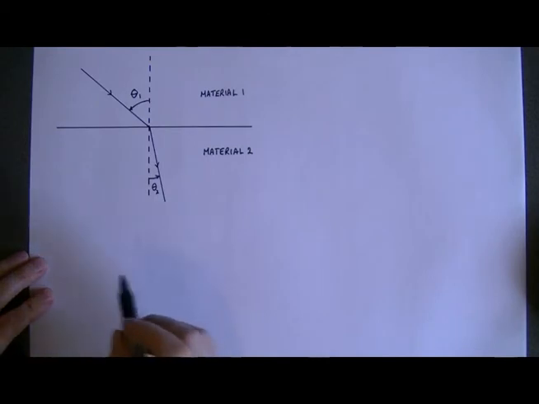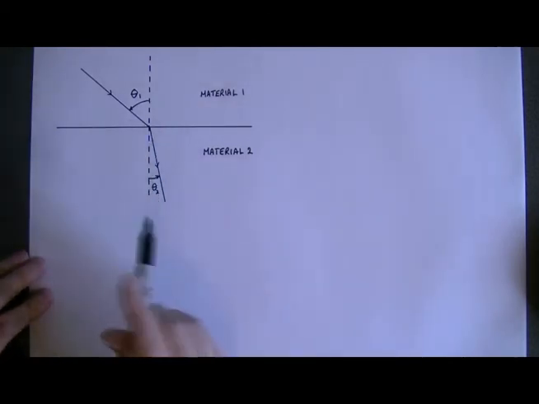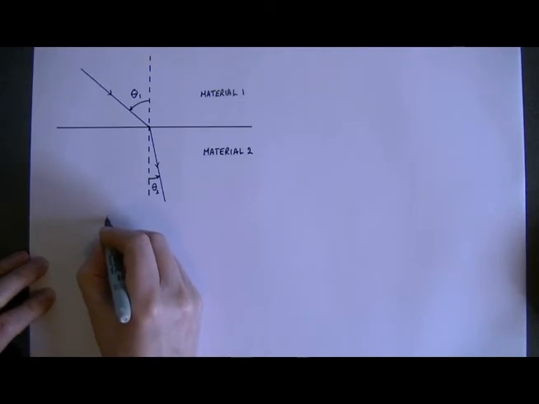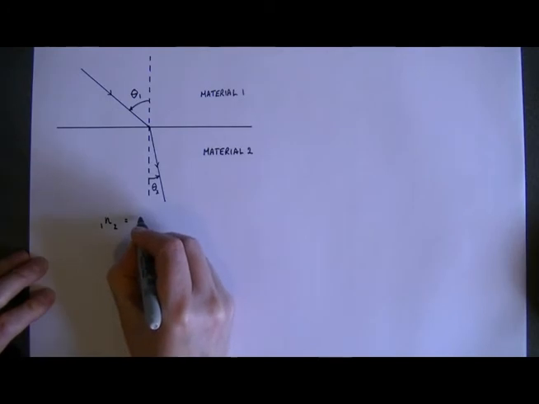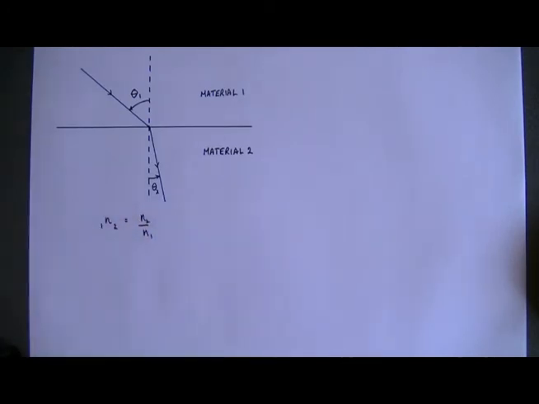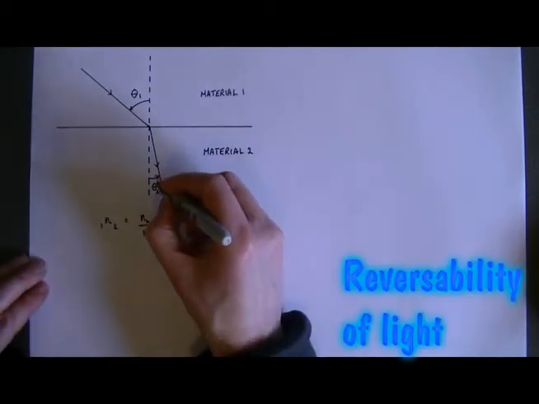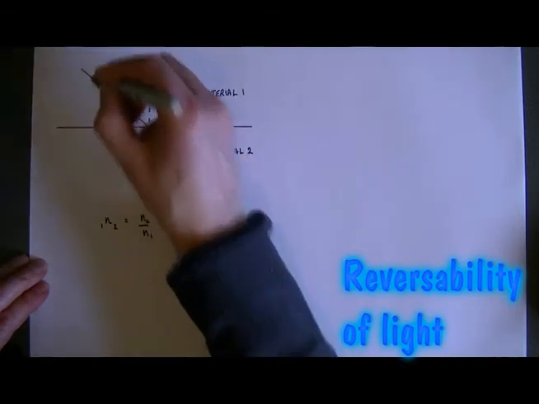So the refractive index for a ray of light passing across the boundary between material 1 and material 2 is n from 1 to 2 equals n2 over n1. Now light has a property called reversibility, which means if I shine a ray of light in this direction here, it will retrace its steps and come out there.